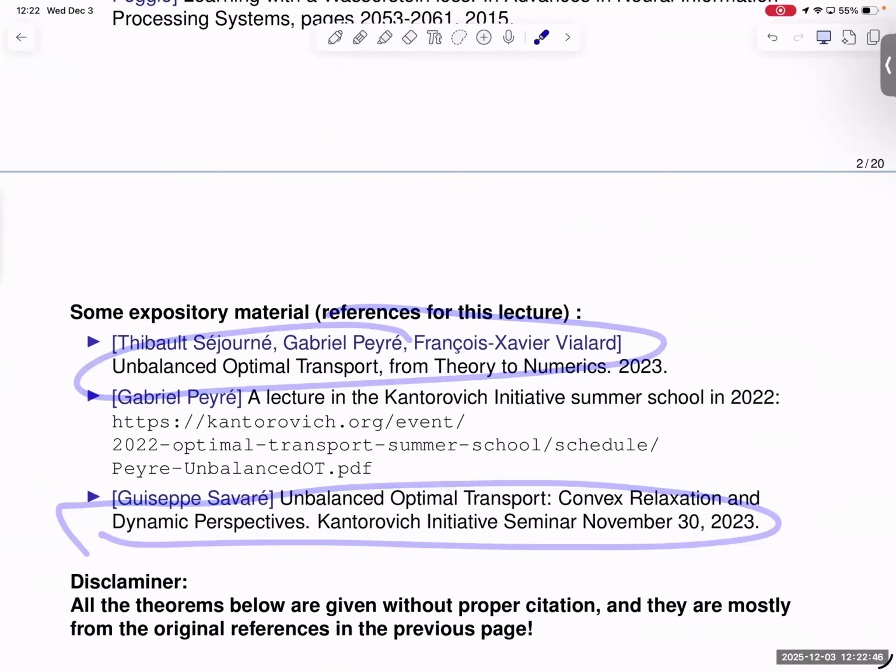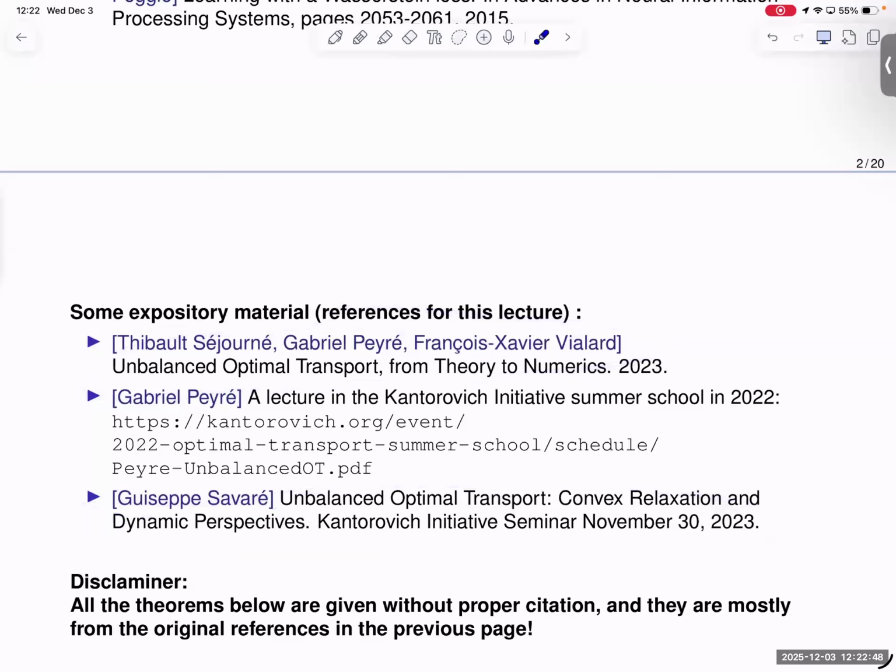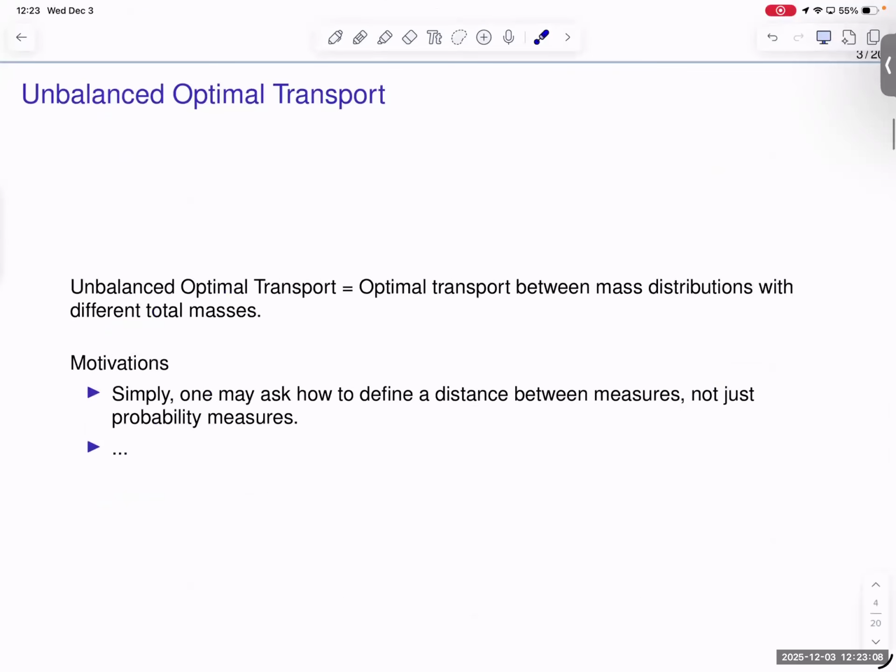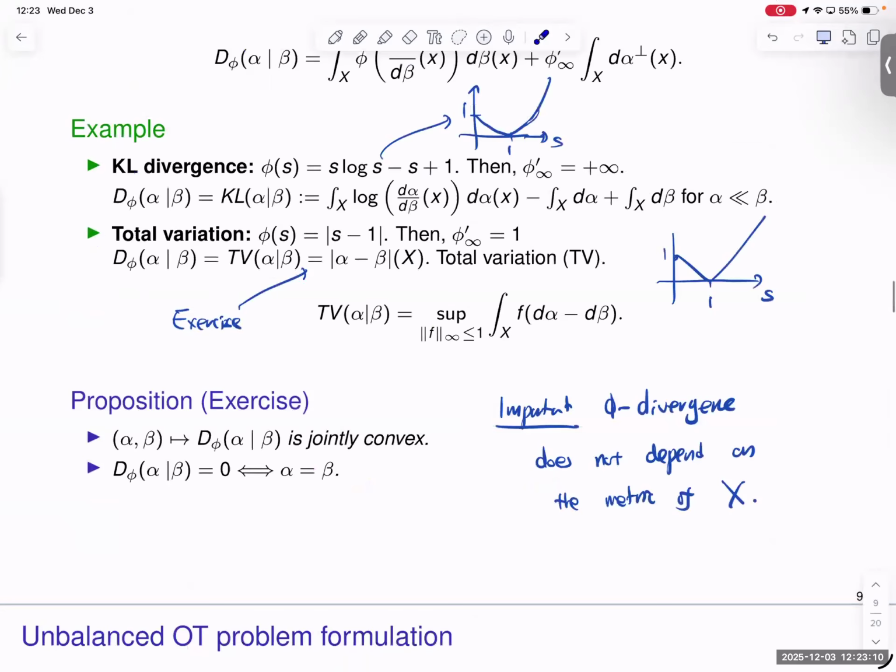Sabare's slide may not be so easy to digest, but it has a very thorough explanation if you check carefully. This review paper also gives you some nice perspectives on things. It's not detailed, but it's very nice. Okay, so now it's time to go. Thank you for your attention.